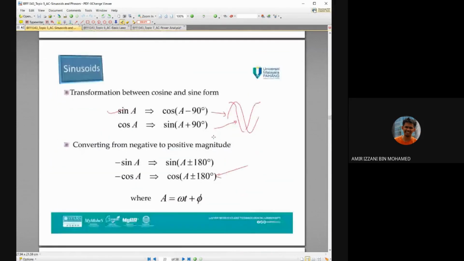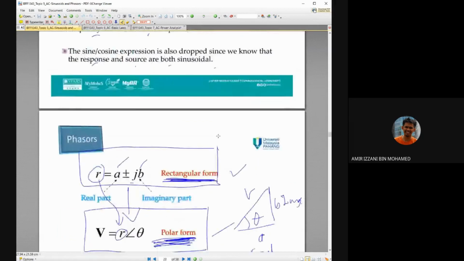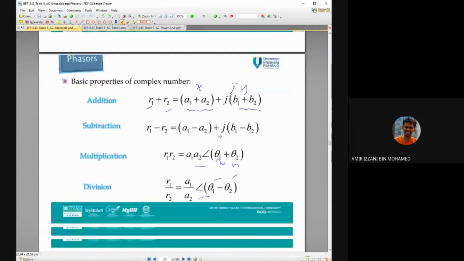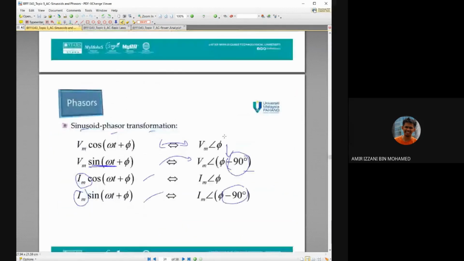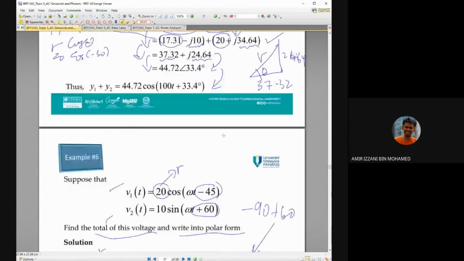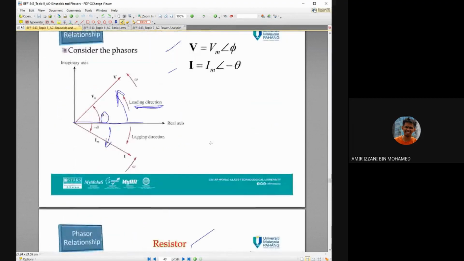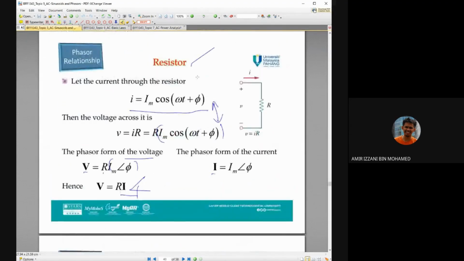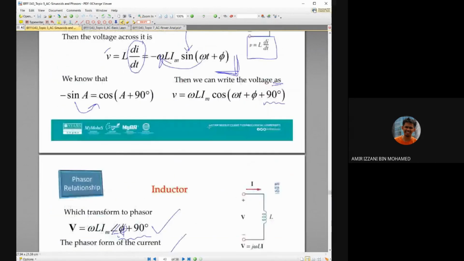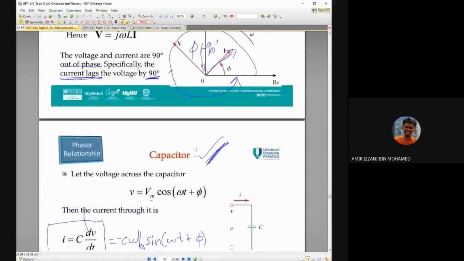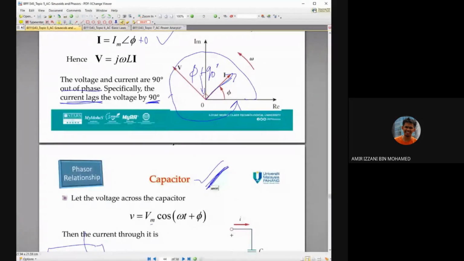So you need to know what kind of component will cause lagging or leading between voltage and current. Is it the resistor, the inductor, or the capacitor? What will cause the lagging?